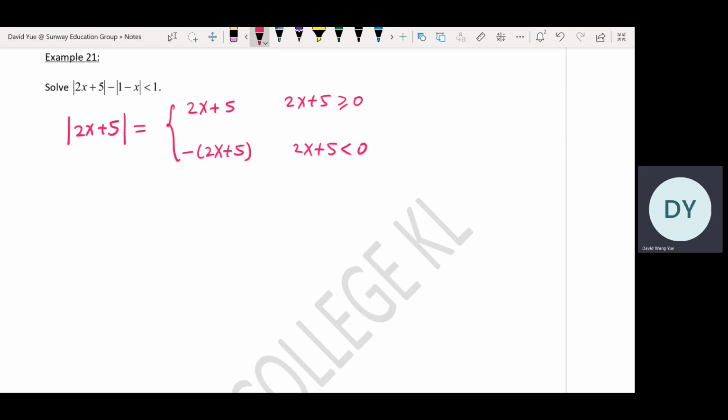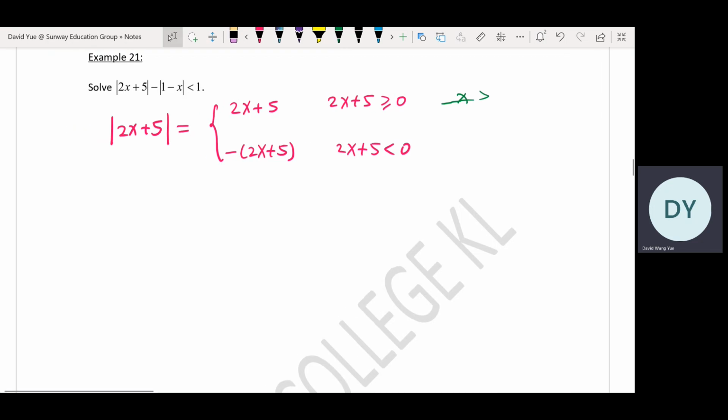When 2x plus 5 is less than 0, the absolute value will be negative 2x plus 5. But when it comes to equal to 0, it doesn't matter if you put it in the first one or the second one. Let's say the equal sign here also can, but we cannot put in both. Therefore, I just choose to put it along with more than.